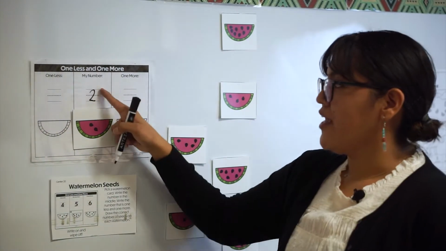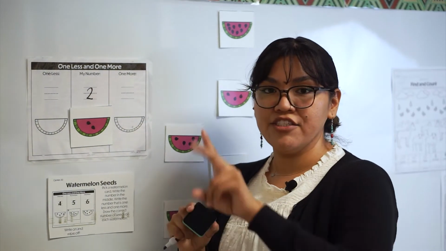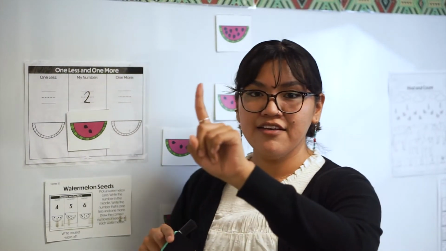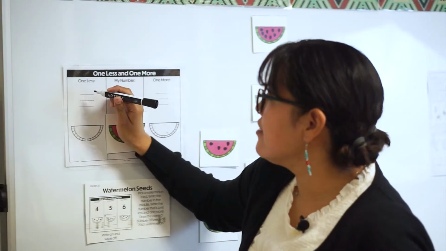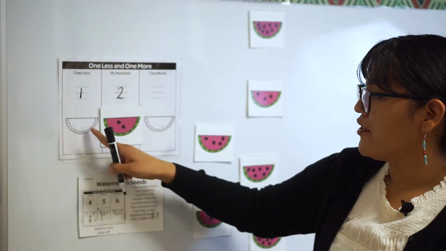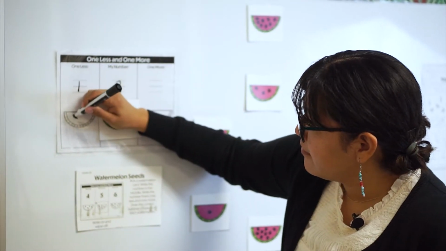We're going to be doing that today on our center. So we have the number 2. So what is 1 less than 2? We have 2 fingers up, we take 1 away, we have 1. So 1 less than 2 is 1. So we're going to write a number 1 right there, and we're going to draw 1 watermelon seed on our watermelon.